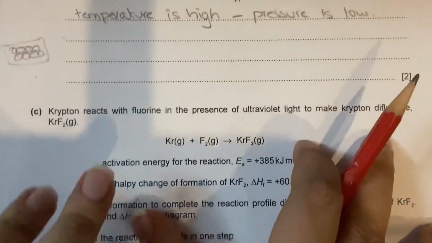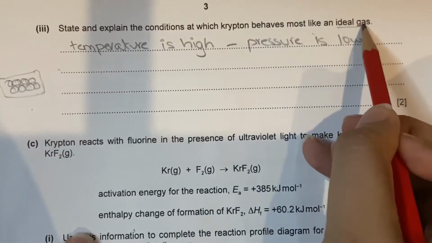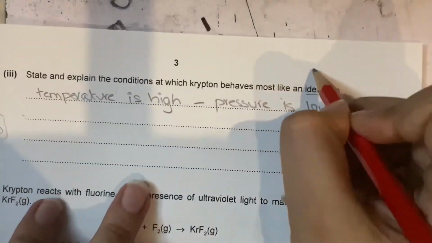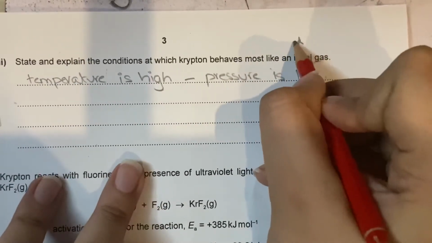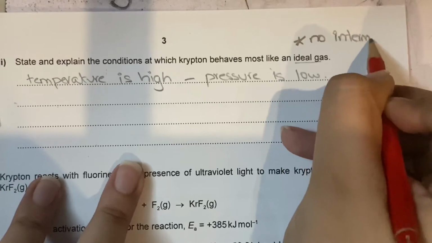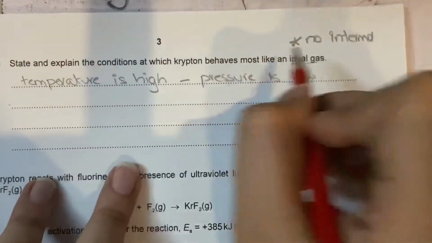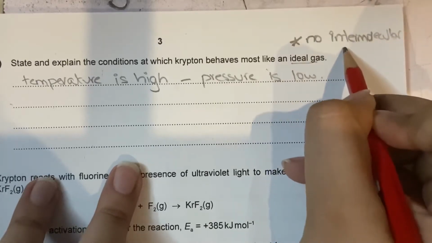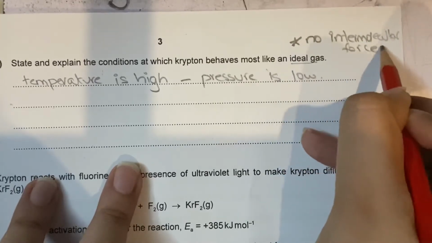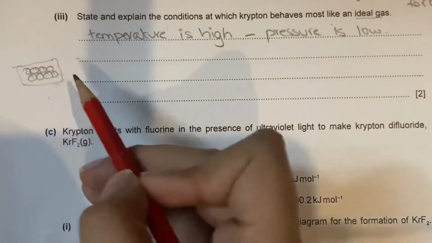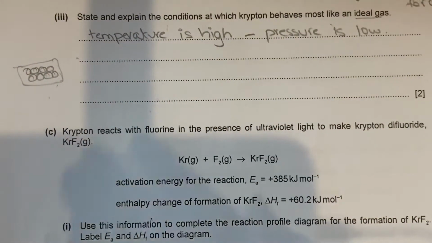We know that an ideal gas means that it has no intermolecular forces. We know that. So when the temperature is low, it means it is in a solid form.